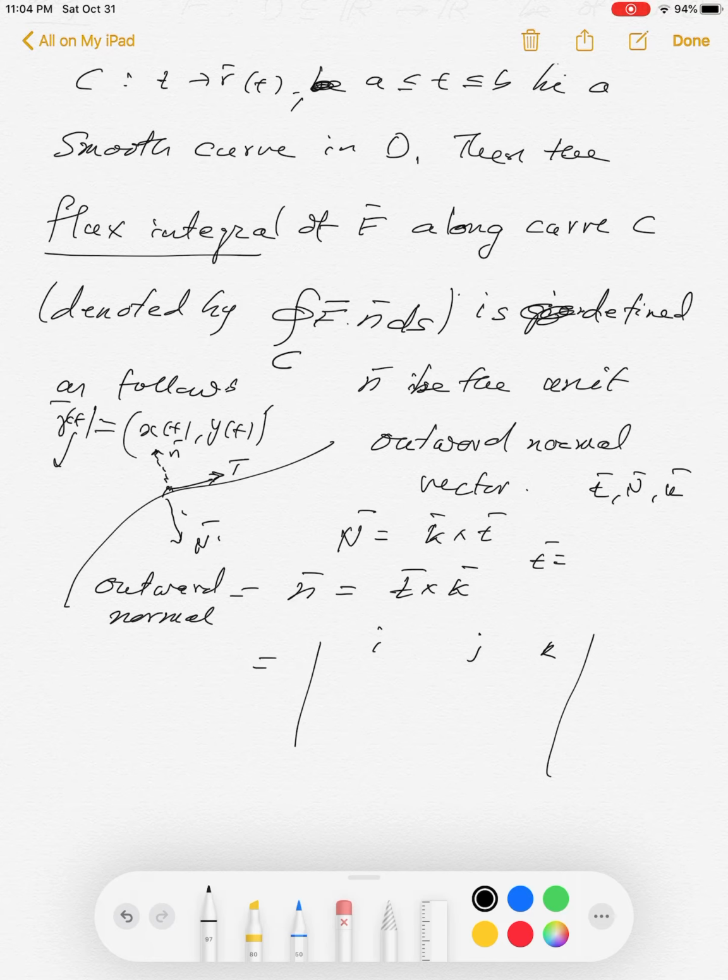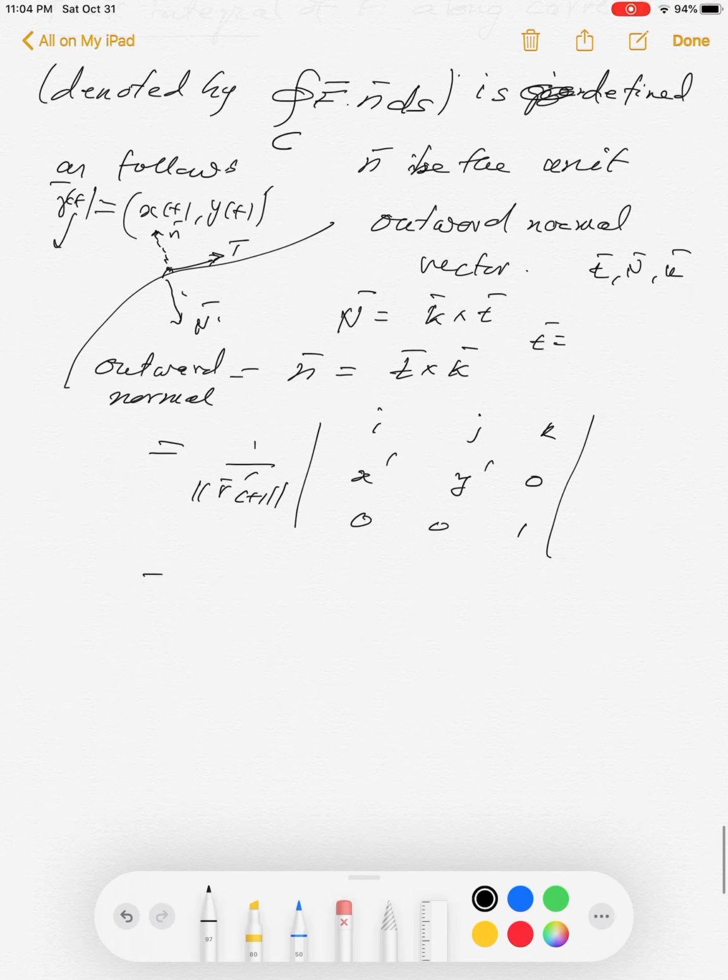Let's call this curve x(t), y(t), z is 0 because we are doing a two-dimensional thing. So it's going to be x prime, y prime, 0, and then 0, 0, 1. Of course, I have to divide by the norm of r bar prime at a general point. So this is going to be my n bar.